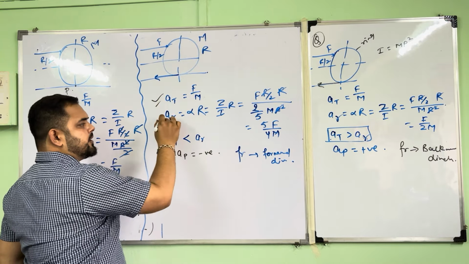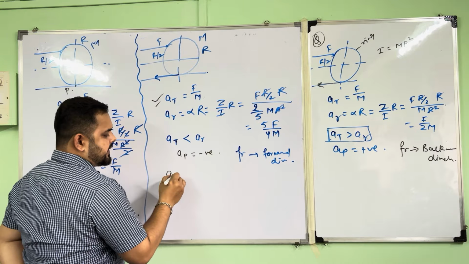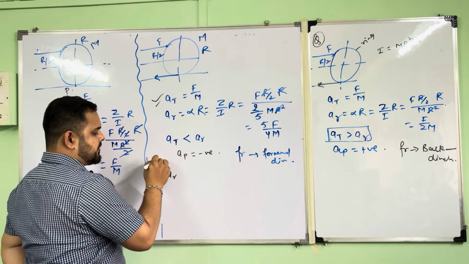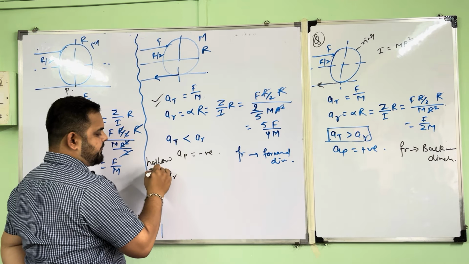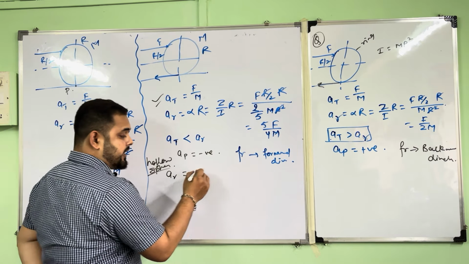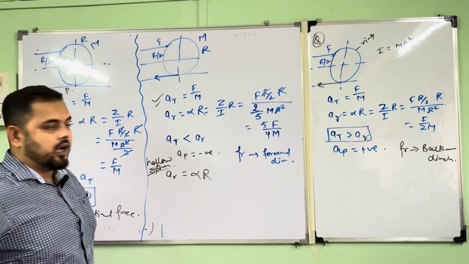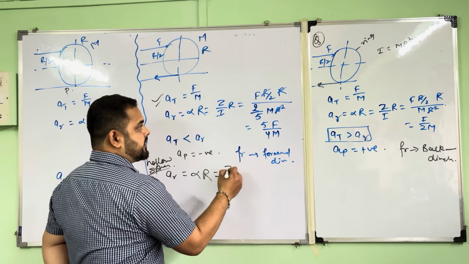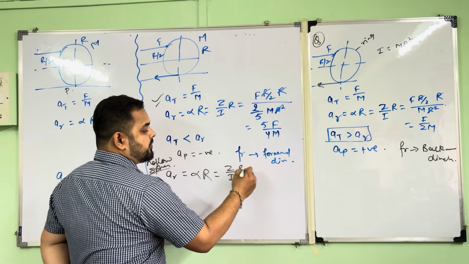So in case it is a hollow sphere, AT will remain the same. And what is AR for the hollow sphere? If a hollow sphere is considered, then AR will be alpha into r. Then it is torque divided by I into r.